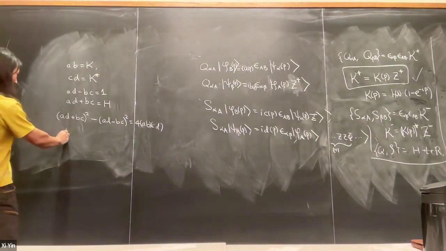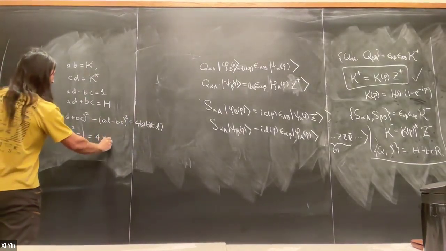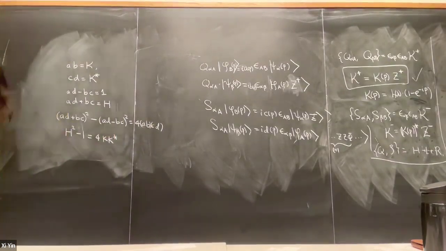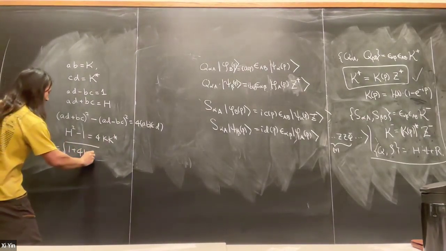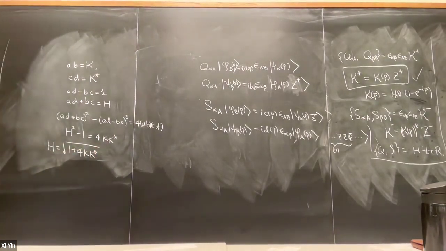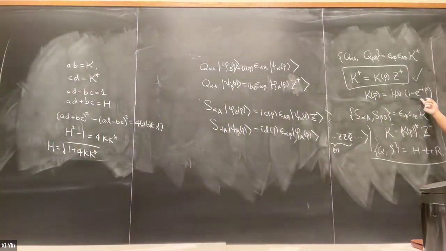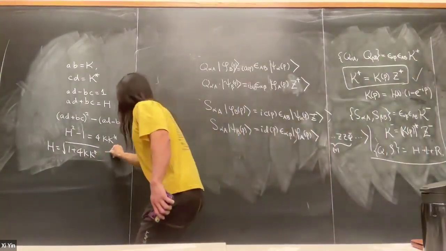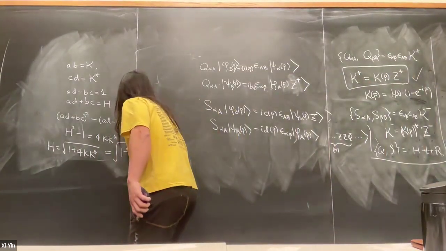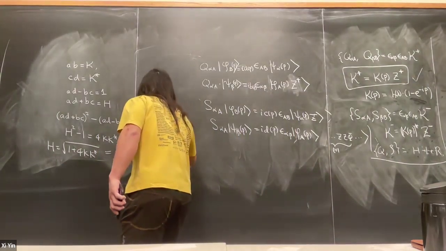So this means that H squared minus 1 equals 4 K K star. And there you have it, the BPS bound. So H is equal to the square root of 1 plus 4 K K star. That's where the square root comes from. You see, this K must be proportional to sine of p over 2. So let me just complete that formula: H is equal to the square root of 1 plus 16 h squared times sine squared of p over 2.